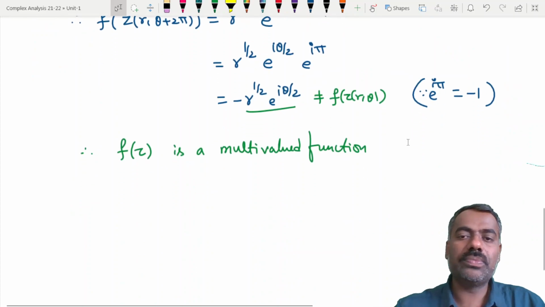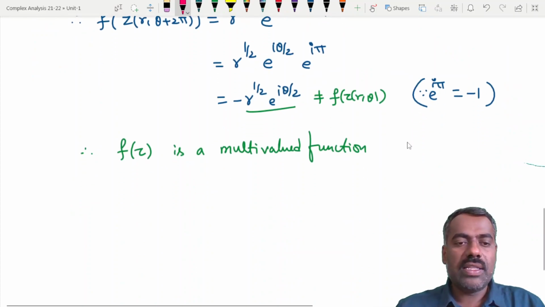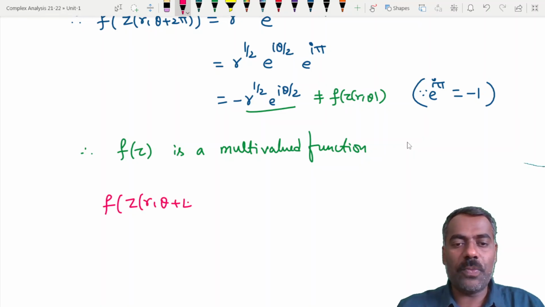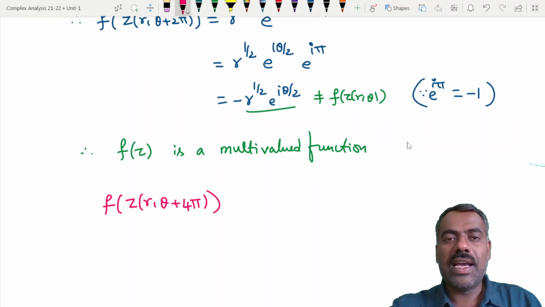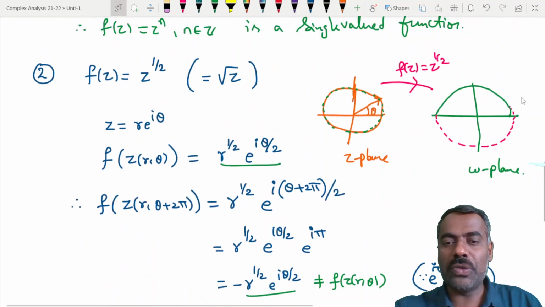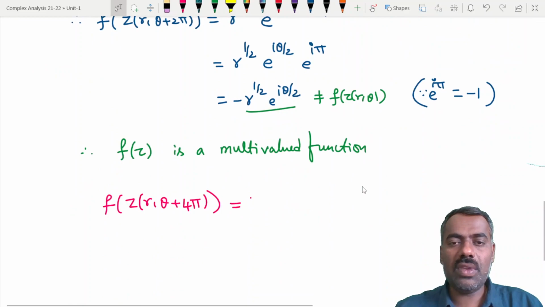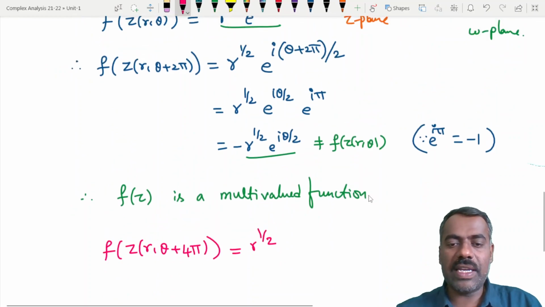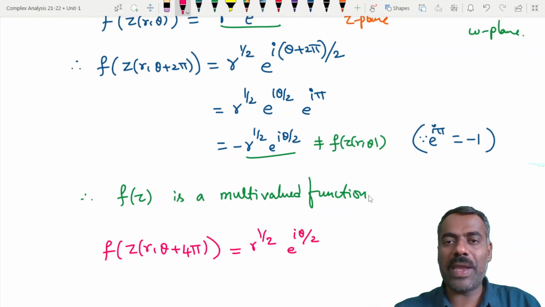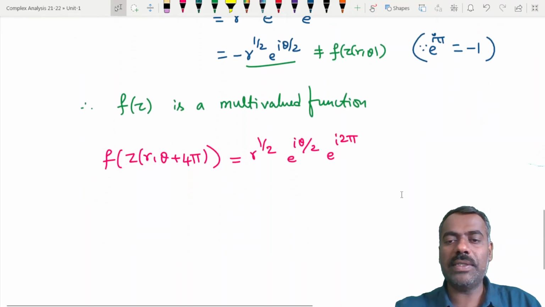You can check f of z at r comma theta plus 4 pi. That means I am going from theta plus 2 pi to theta plus 4 pi. What will this become? R power 1 by 2, e power i theta by 2, and e power 4 pi i by 2, which is e power i 2 pi. But we know e power i 2 pi is 1, right?